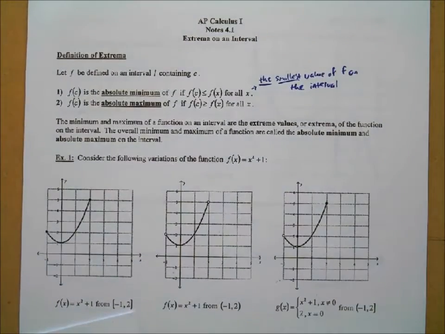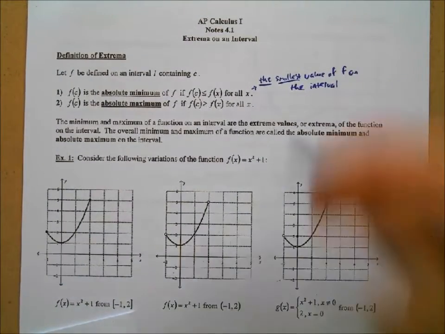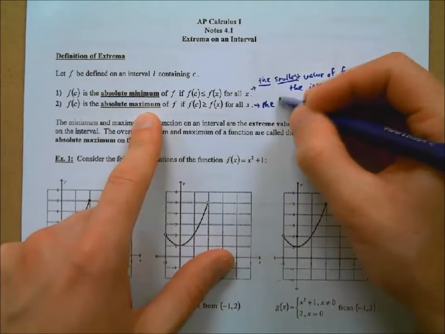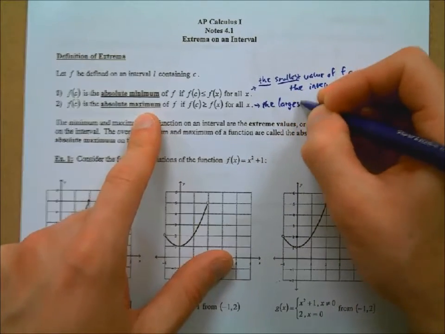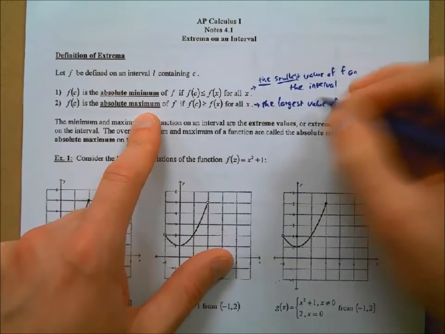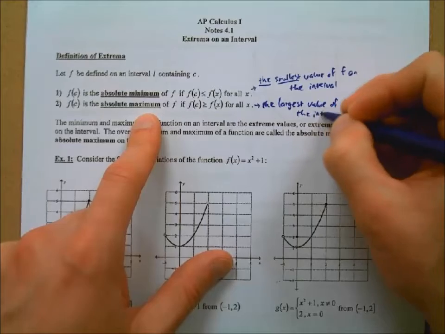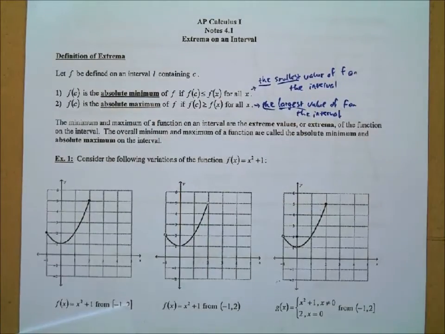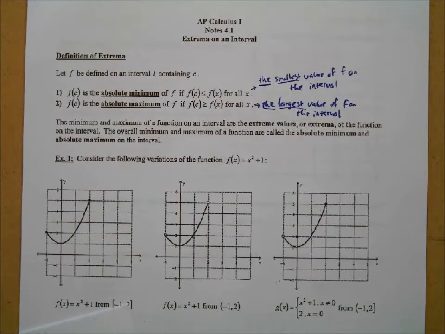Likewise, the absolute maximum is the largest or greatest value of f on the interval. That's all it is. Absolute means for sure, kind of thing. It is the absolute minimum, the absolute maximum, the highest or the lowest.